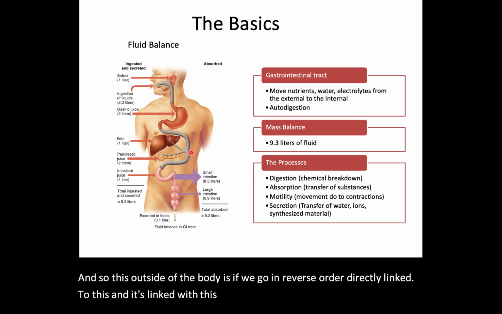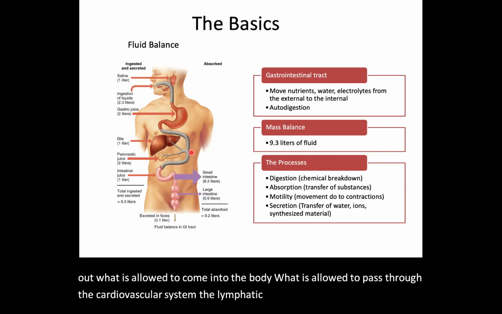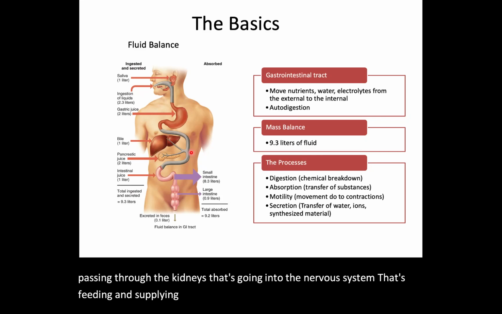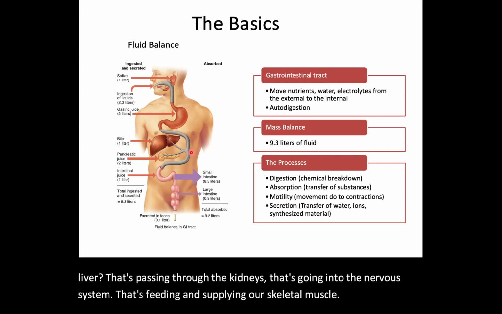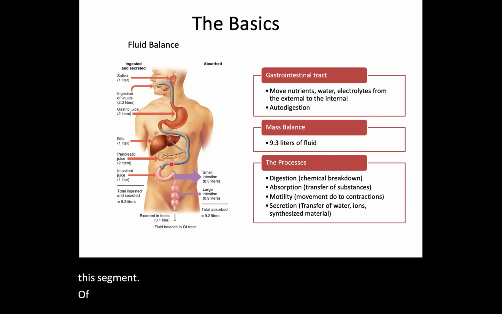And that tube is designed to separate out what is allowed to come into the body, what is allowed to pass through the cardiovascular system, the lymphatic system, over into the liver, that's passing through the kidneys, that's going into the nervous system, that's feeding and supplying our skeletal muscle. All of that is being regulated by what can and cannot be absorbed through this segment of the gastrointestinal tract.